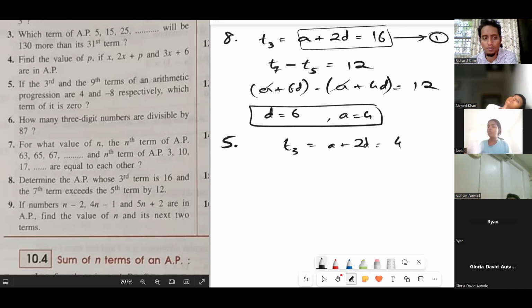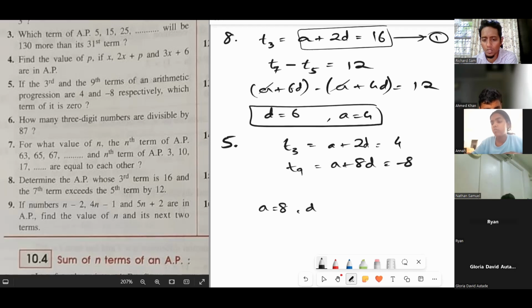What is the fifth answer for A and D? A is 8, D is minus 2. And N is 2, or the position of 0, right? So you have to write it like this: T5 is equal to 0.